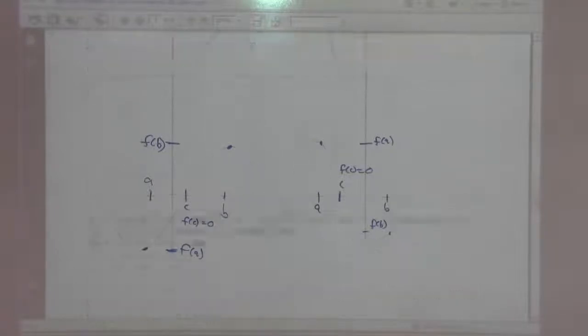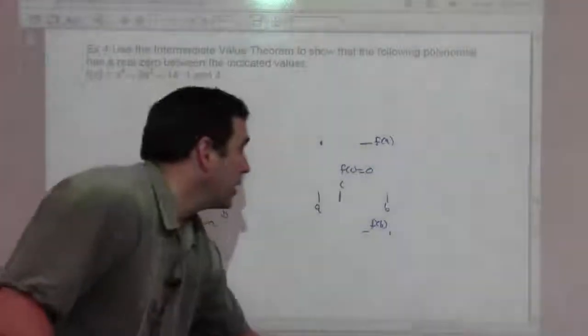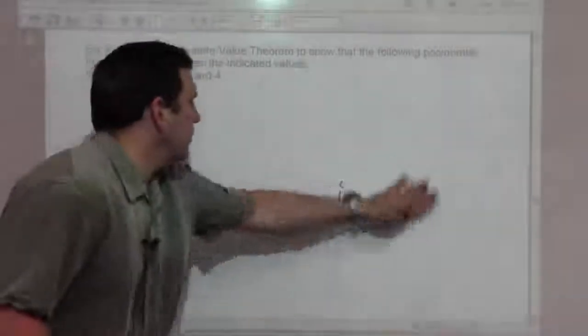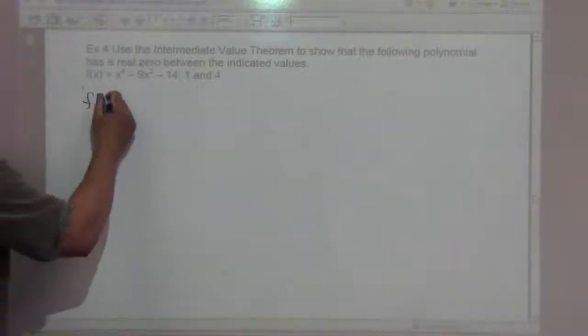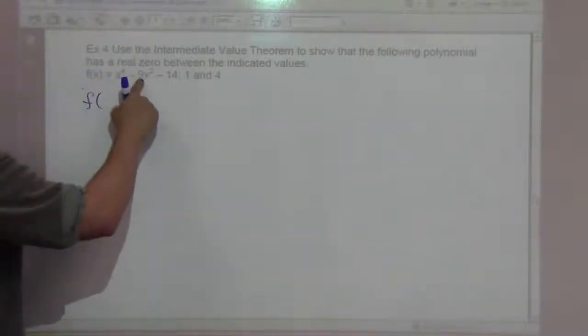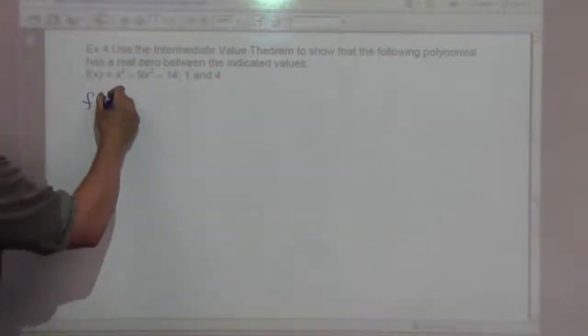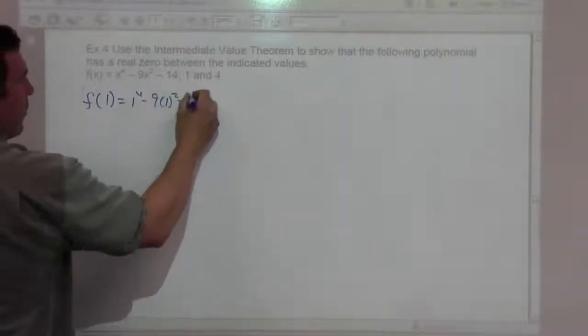So we're going to use this now: use the intermediate value theorem to show that the following polynomial has a real zero between the indicated values. f of x is x to the fourth minus 9x squared minus 14, for x being 1 and 4. So f of 1 is 1 to the fourth minus 9 times 1 squared minus 14.